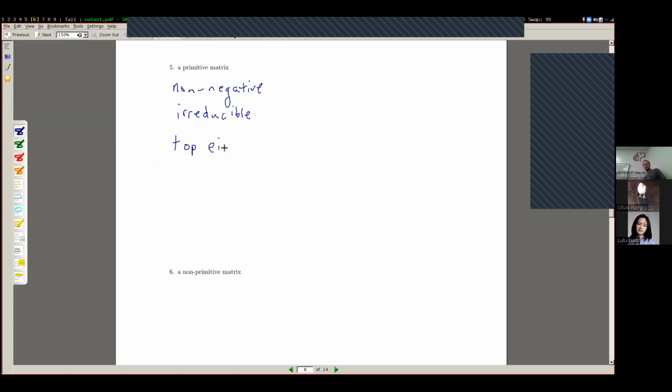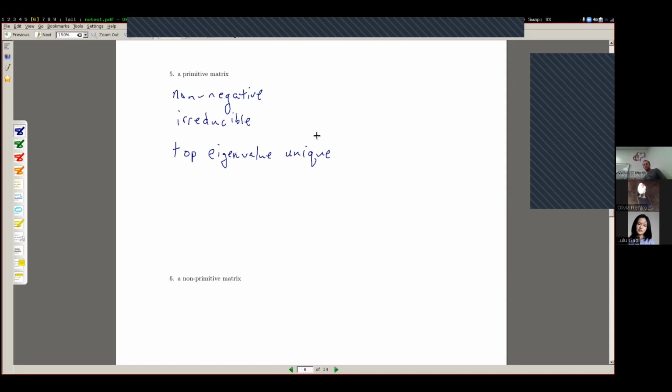Top eigenvalue unique. Let's start by looking at those examples that we had above and thinking about whether they satisfy some of these same properties. Let's switch colors.